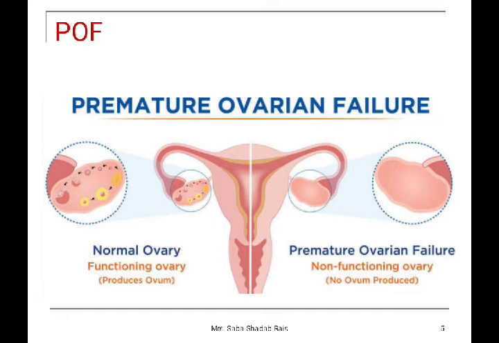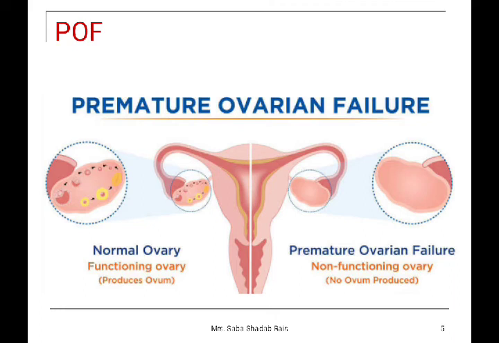Non-functional ovary. So here the ovum will not be produced. In POF, a high level of circulating FSH causes an abnormally low level of circulating estrogen. At that time, the eggs are irregular or absent. Now see what happened in the early age.